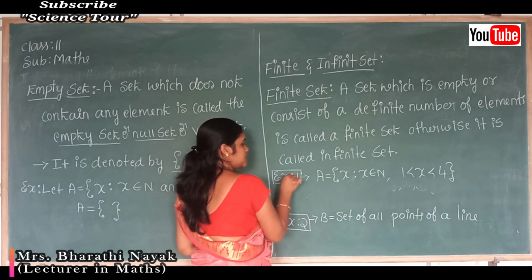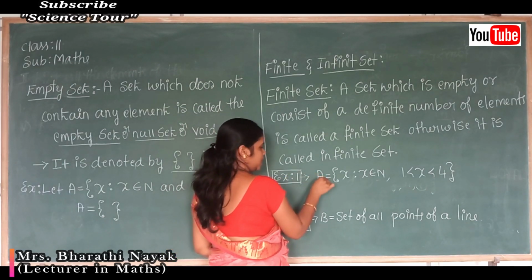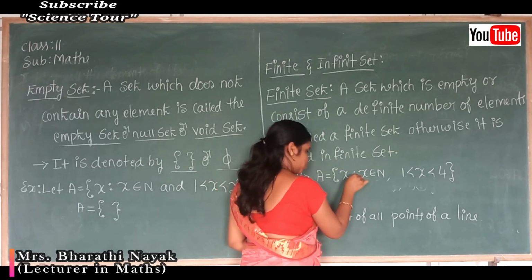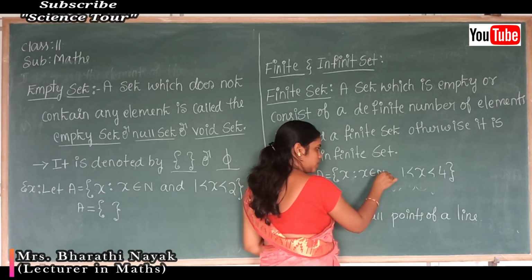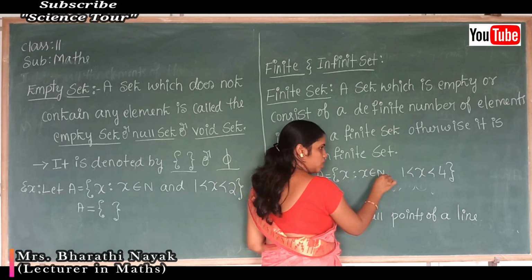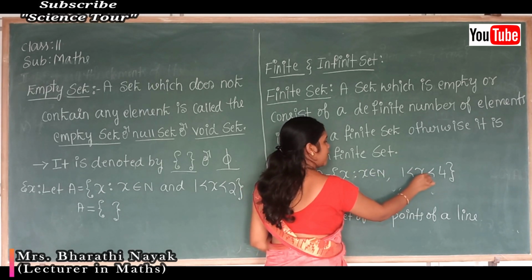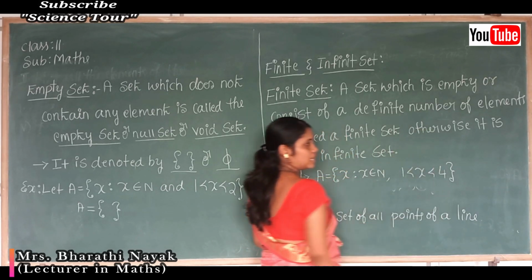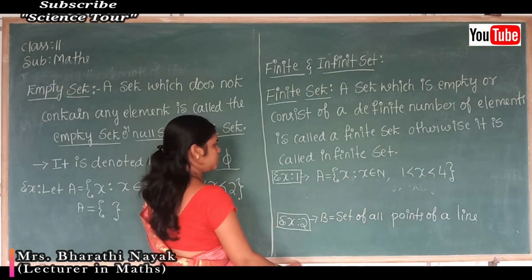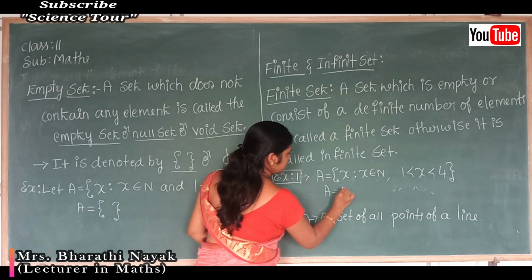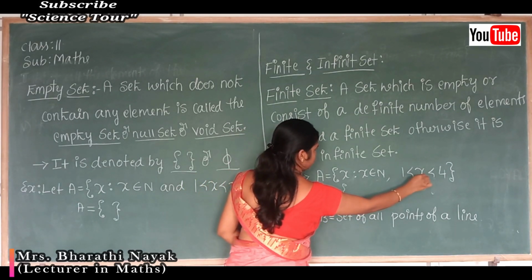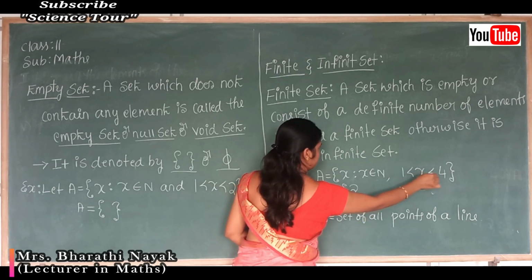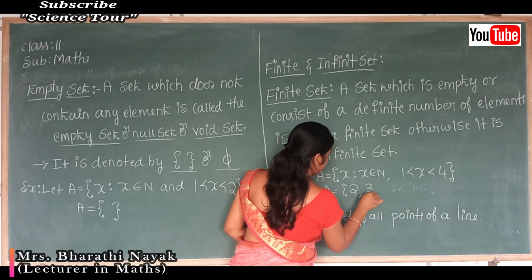Okay. So, example 1 I will consider. Set A is equal to set of all x such that x belongs to N, your x must be natural number and also the value of x must be greater than 1 and it is less than 4. So, which natural numbers? The natural number must be greater than 1, so 2, next it must be less than 4, so 3 is possible.